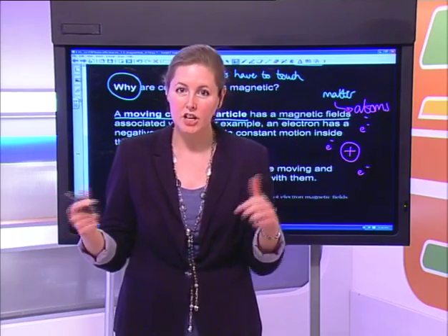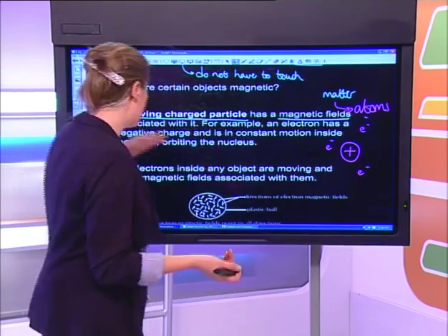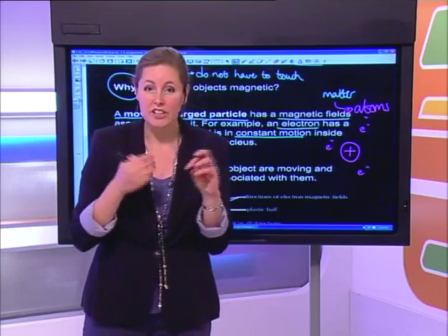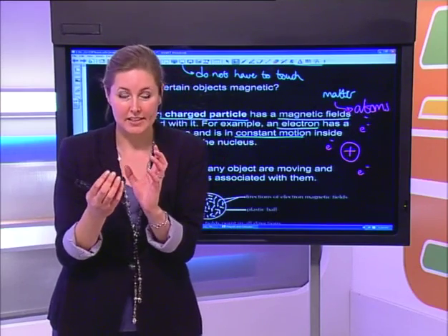They have a negative charge, which are able to move. And they're moving very, very quickly. So if we consider an electron has a negative charge and it's in constant motion inside the atom orbiting the nucleus, that means that every little electron is going to have a magnetic field surrounding it.